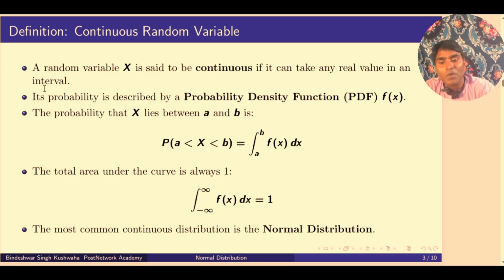Now the most common continuous distribution is normal distribution, and I have started from this one. There are also beta, gamma, first kind, second kind, exponential distribution, but normal distribution is the most important, and I have started from it. Others are also very important.